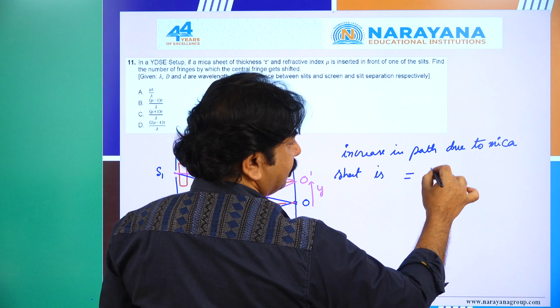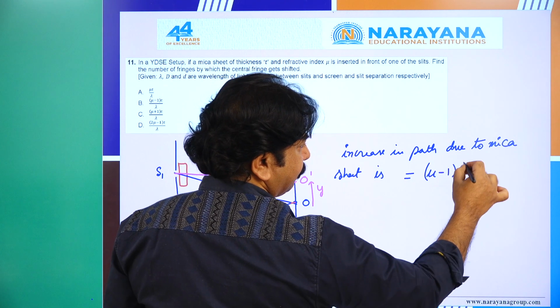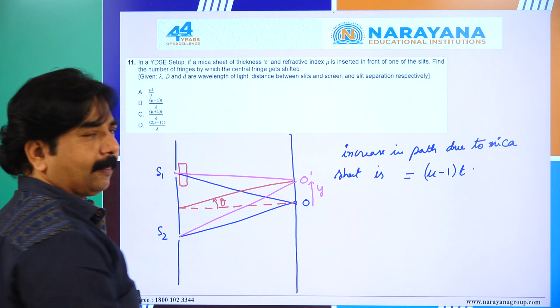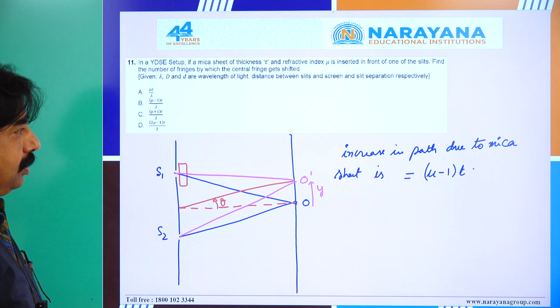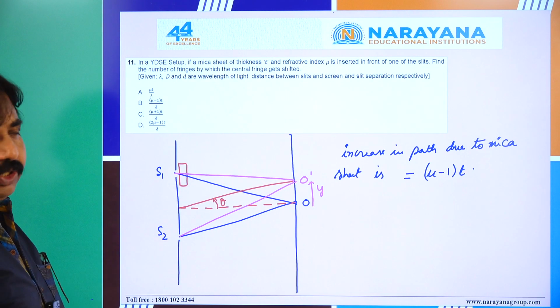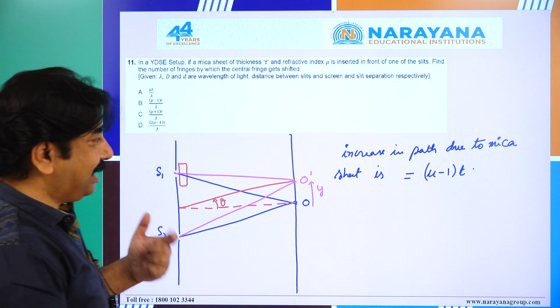What is the value? That is (mu minus 1) into t. That is the increase in path due to the mica sheet. But geometrically it is also increased.